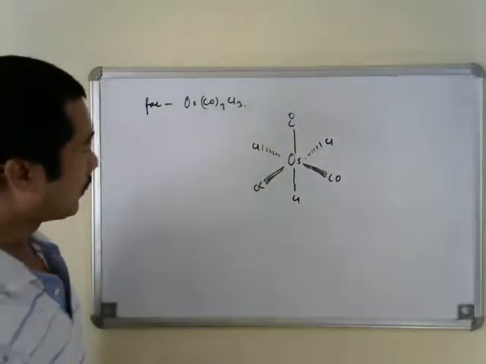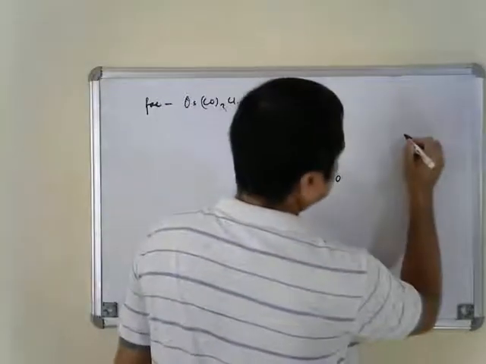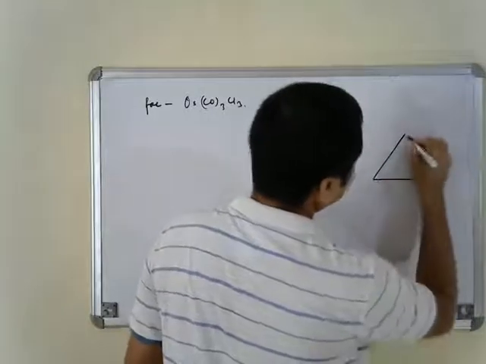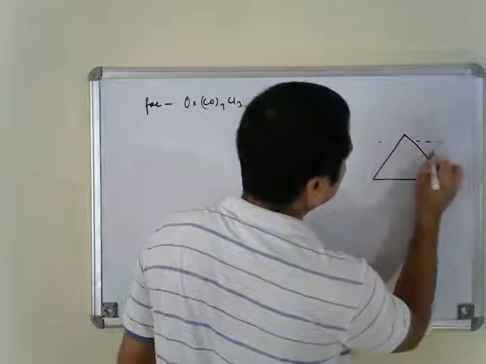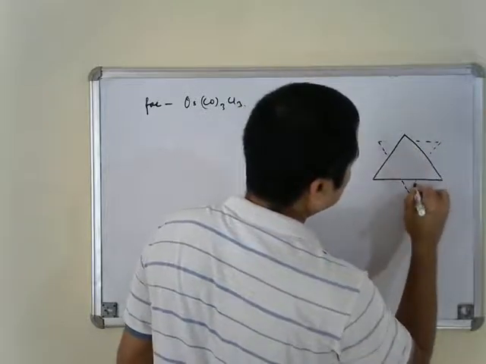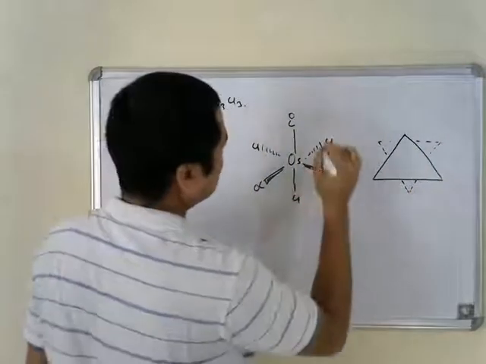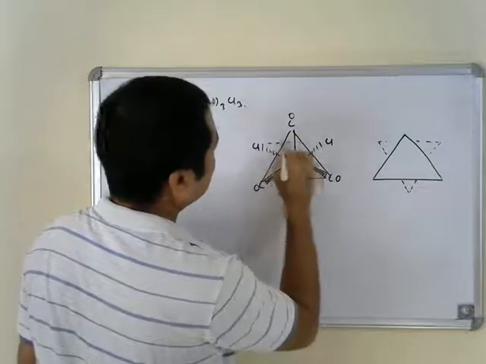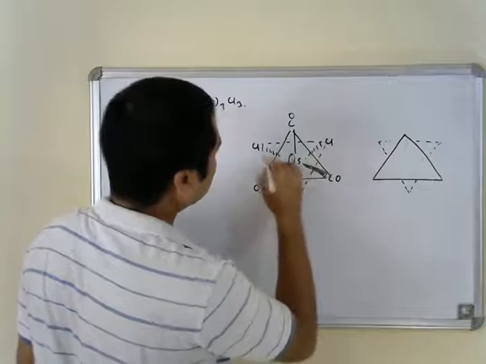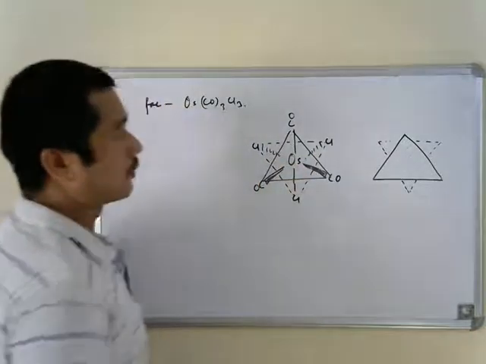Now once again, we can draw the same structure, the triangular faces. That is this triangular face, and the other triangular face containing the Cl atoms is this one.